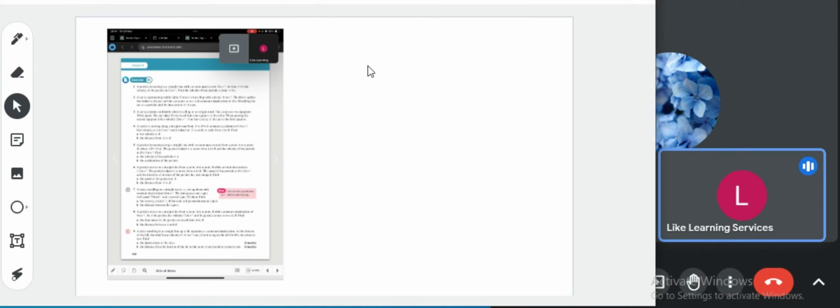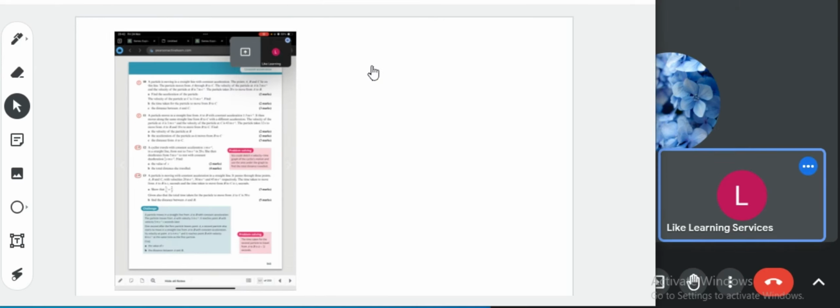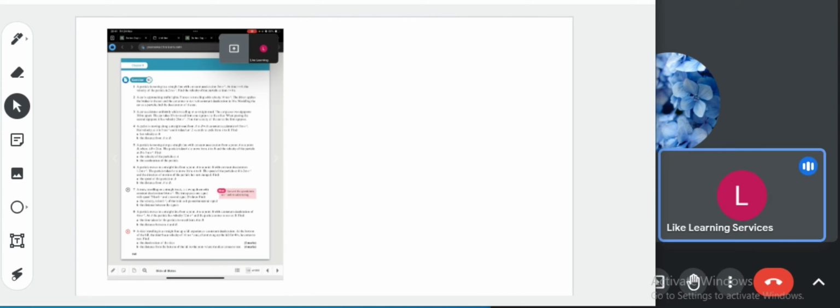Okay, you know this is about kinematics. You've heard of the word kinematics. It's a branch of mechanics that is concerned with motion without really bothering about the force that produces the motion, just the motion.